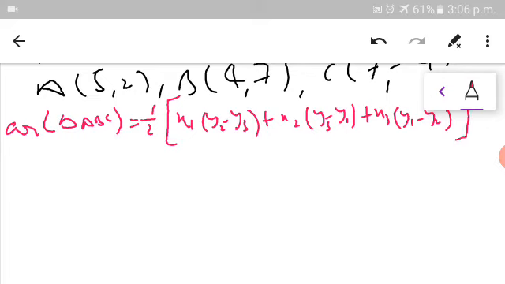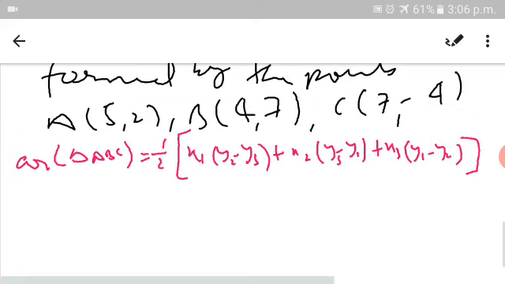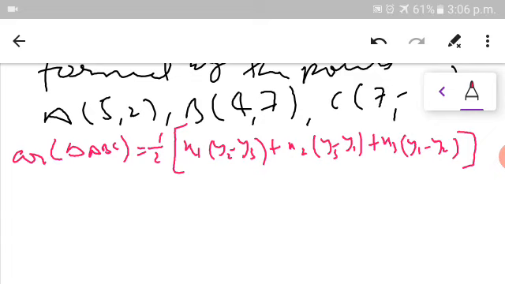And for your convenience you can write like this: this is x1, this is y1, this is x2, y2, this is x3, this is y3. Then we are going to put the values.